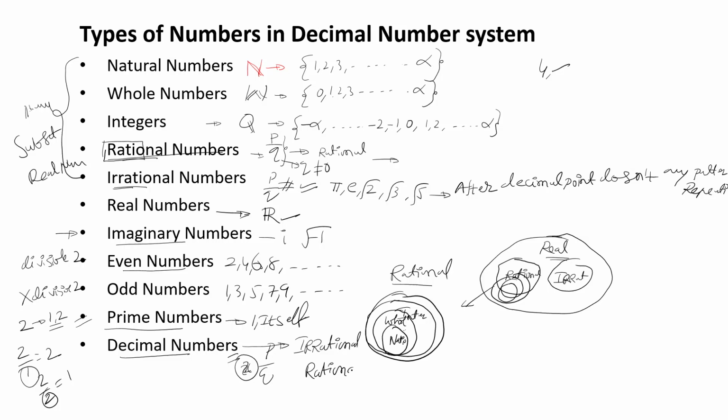Whatever numbers use a decimal point, we can call a decimal number. Let us see the main difference between real numbers, rational numbers, irrational numbers and decimal numbers. If you make decimal numbers one set of group, in that group there are rational numbers and irrational numbers.